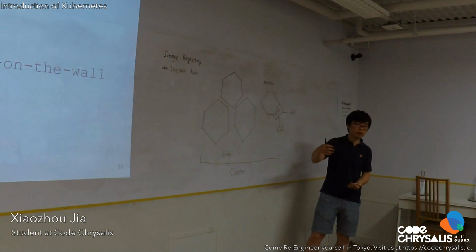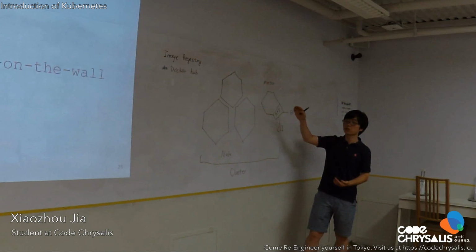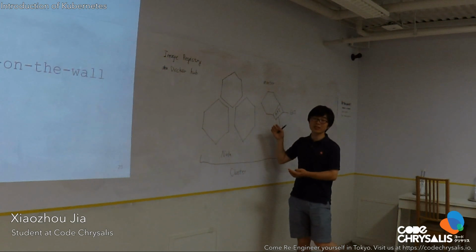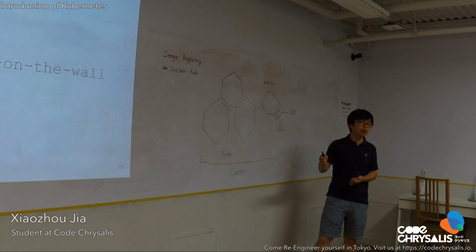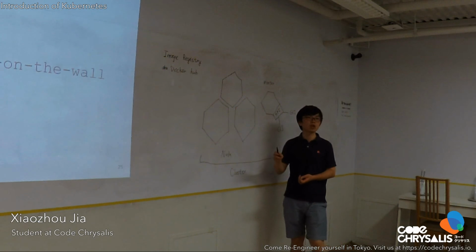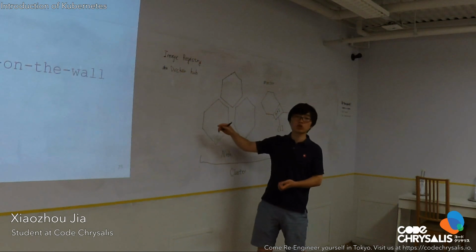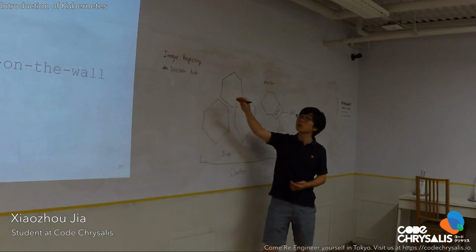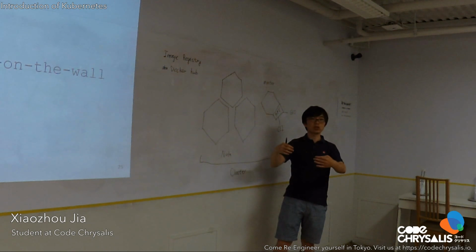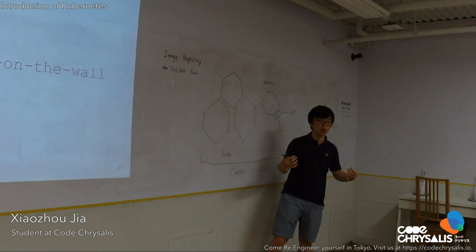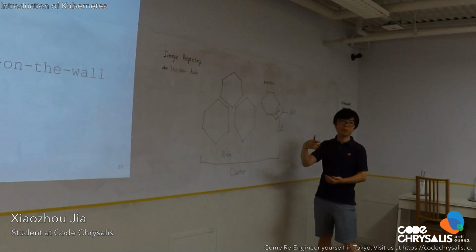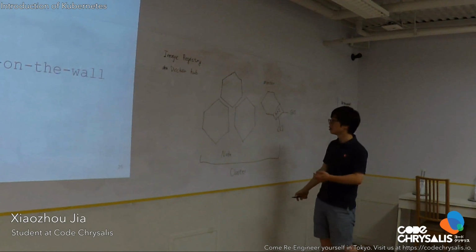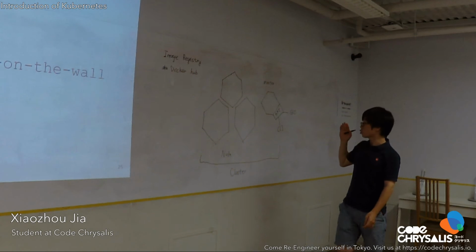So it's public to the general application developers. And in real life, almost every company decided to build their own private image registry. So it's available internally, but it's not available to the public.